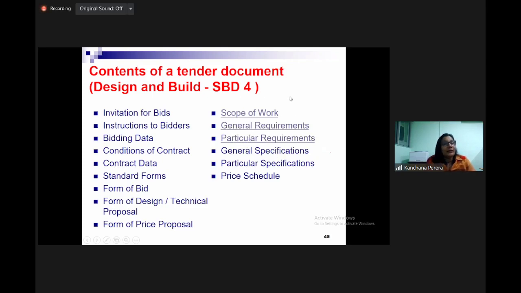Say, for example, we had to design a building in the university, and it was done according to the SBD 04. So we had to give how many classrooms, capacity of each classroom, okay? Then how many computer labs, capacity of each computer lab, how many drawing rooms, capacity of each drawing room and size of drawing board, okay?